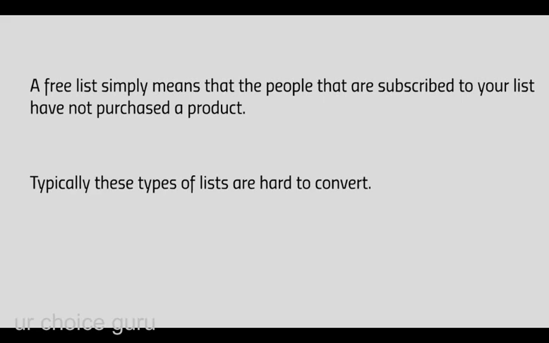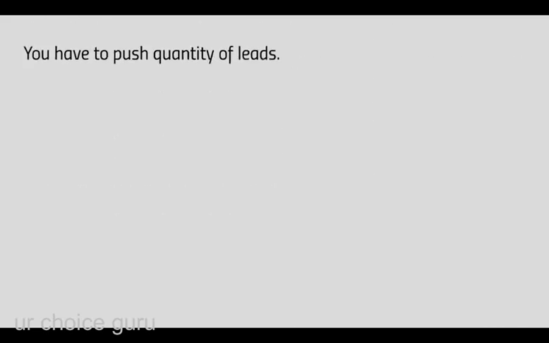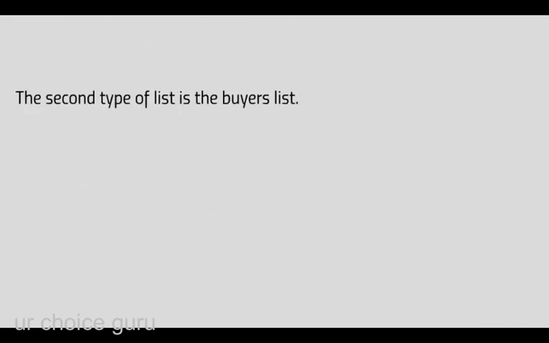They've subscribed, they've gotten something for free, and that's it. So in this case, you have to push quantity of lists. Instead of focusing on quality and conversions, you really have to focus on numbers. So it's a numbers game. Instead of having a list of, let's say, 100 buyers, you have to have a list of 1,000 or a couple thousand.